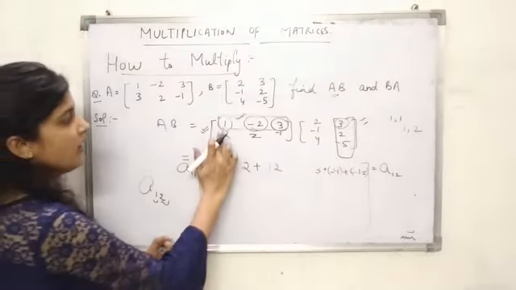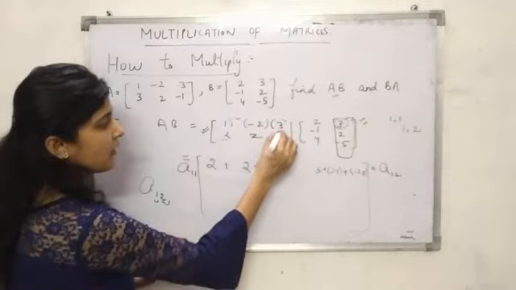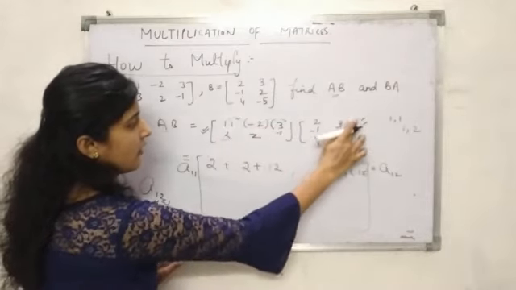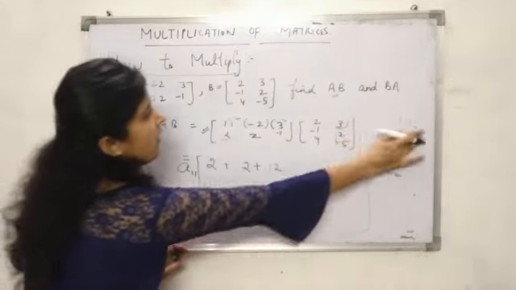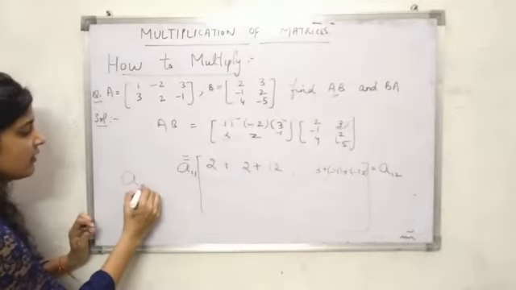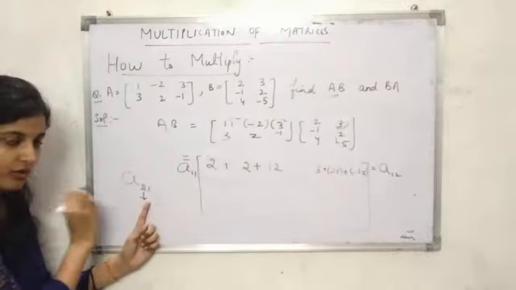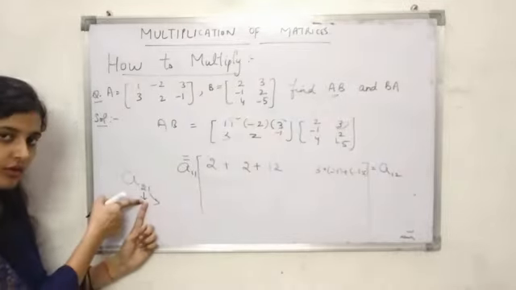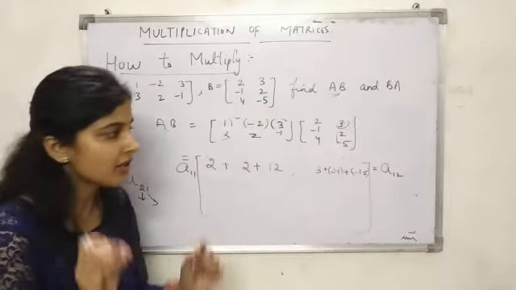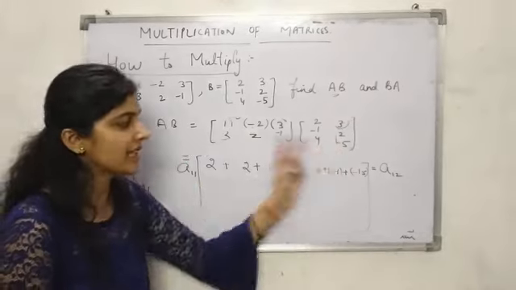Okay? Now I am going to find A21. What will be in A21? Second row, first column. The second row will be picked up from here. Remember, rows will be picked up from the first matrix and columns from the second matrix.